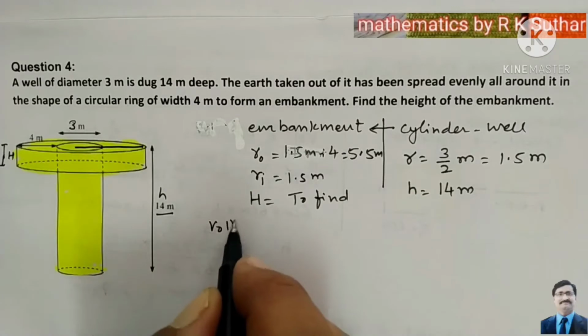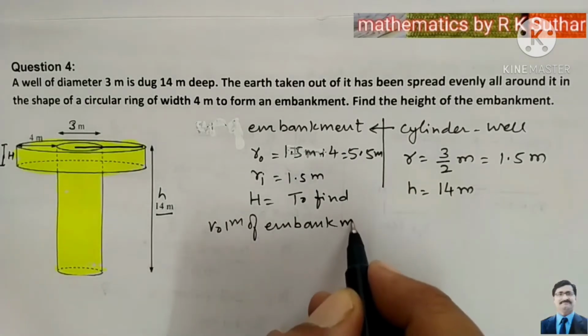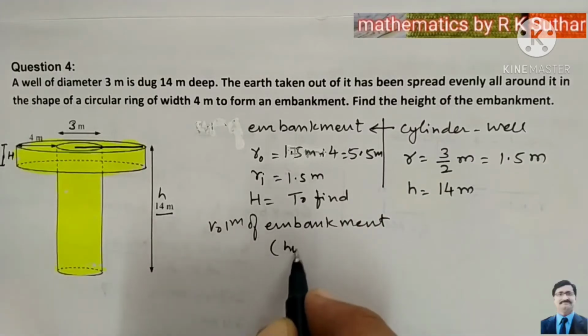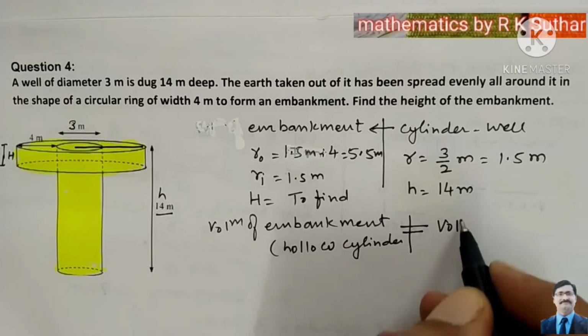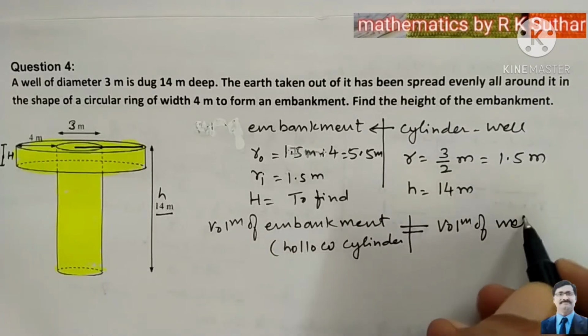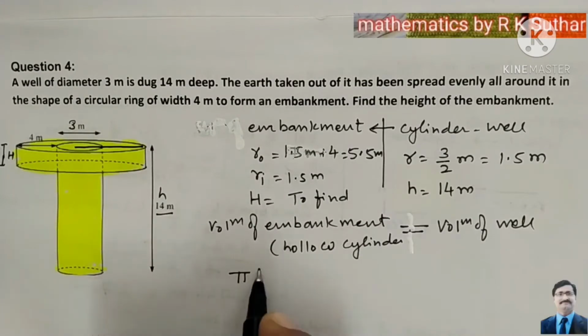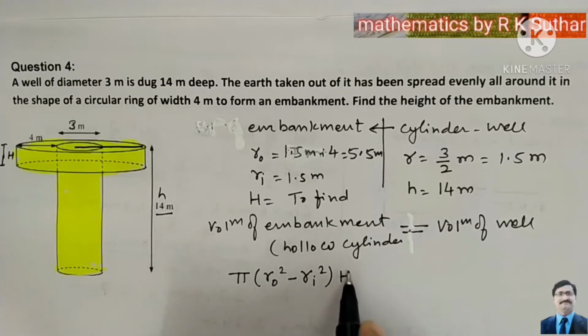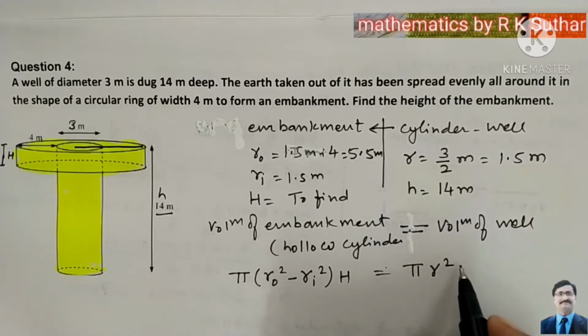So we can write the volume of the embankment. The embankment is like a hollow cylinder, and it is equal to the volume of the well. Volume of the embankment we can write as pi (R outer square minus r inner square) h, and the volume of the well we can write as pi r square h.